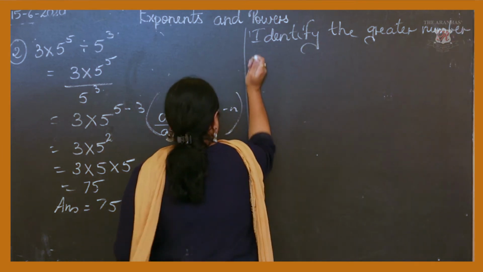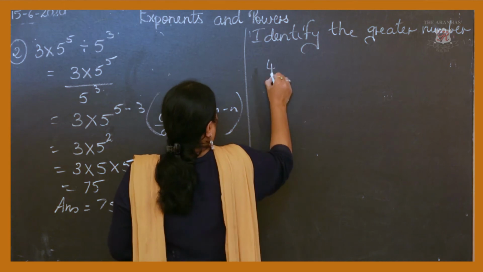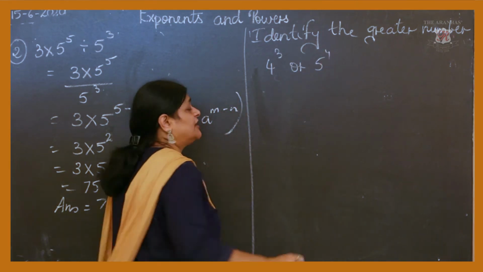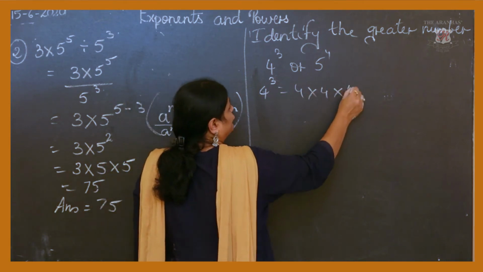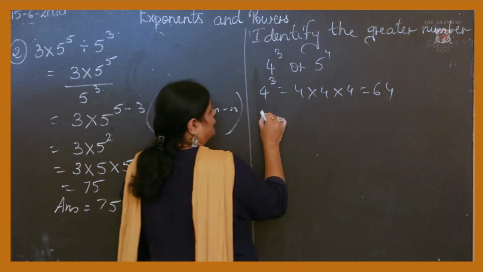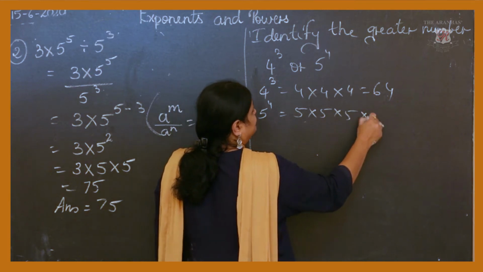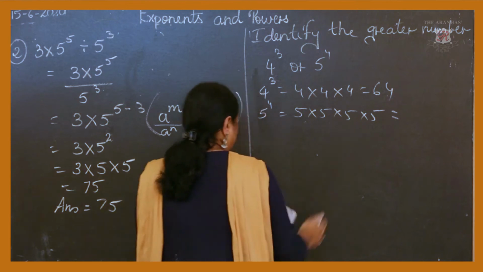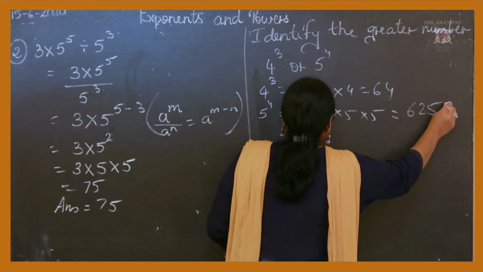Now, if you have been given 4 cubed or 5 to the power of 4, what you are going to do? 4 cubed is equal to 4 into 4 into 4. 4 4s are 16, 16 4s are 64. 5 to the power of 4 is 5 into 5 into 5 into 5. 5 5s are 25, 25 5s are 125, 125 into 5 will give you 625.